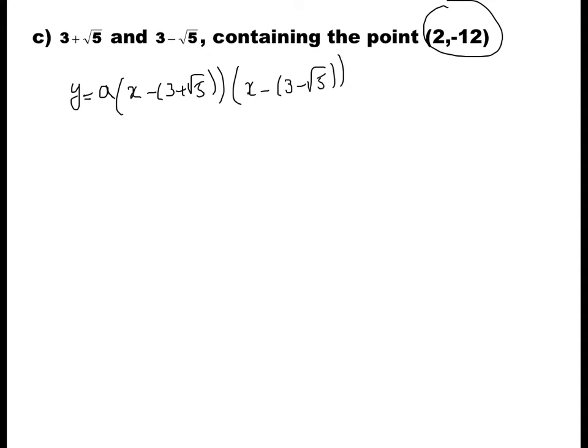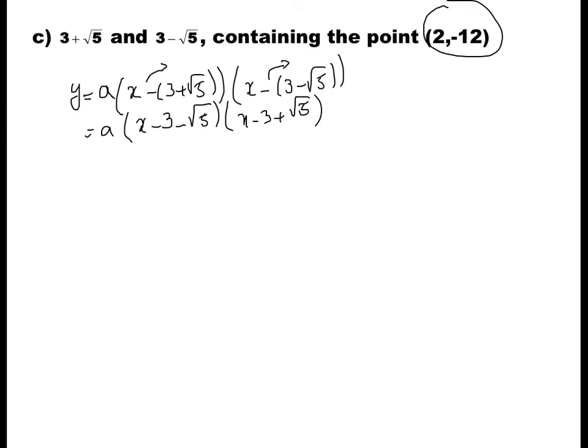Now I'm going to expand the negative inside the bracket. Here I get a times (x minus 3 minus square root of 5) (x minus 3 plus square root of 5), because negative times negative gives me positive.